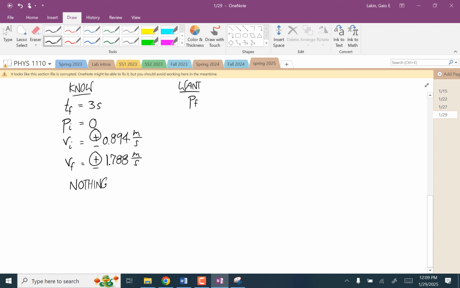And so I said that when that happens, you should try to find an equation that'll let you solve for either time final or acceleration. We already know time final, so in this case, we want to solve for acceleration. Okay, so what equation will let us solve for acceleration? It looks like this one will.